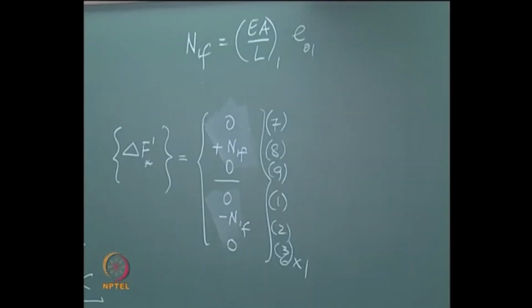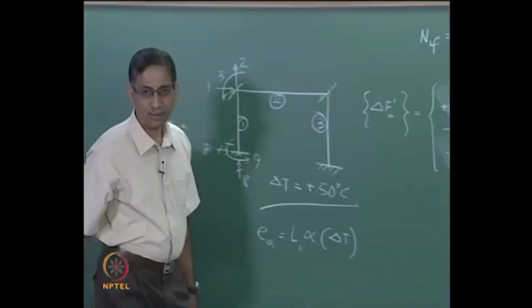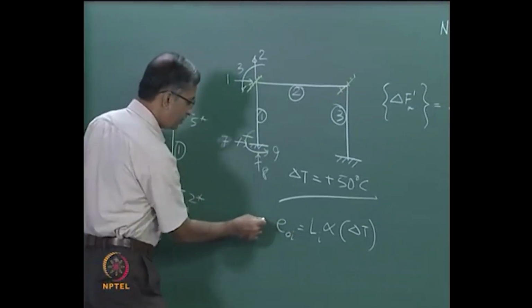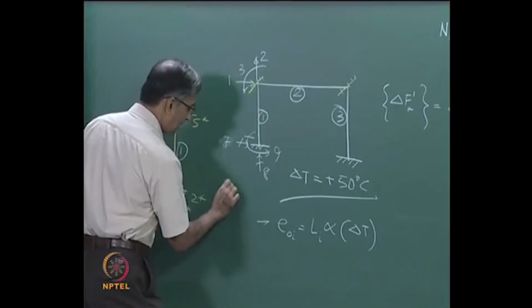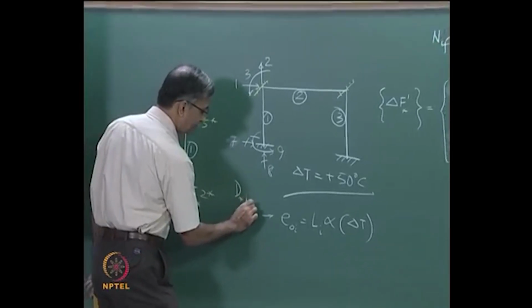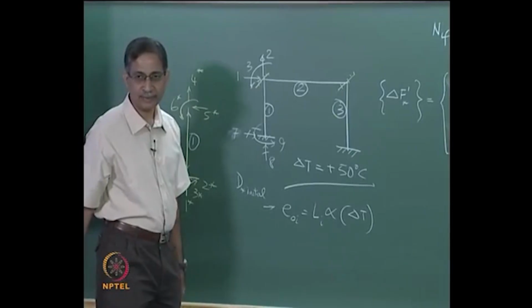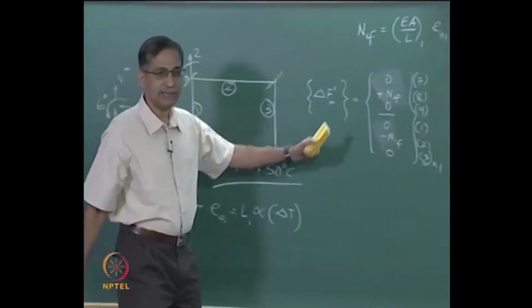Likewise, you can generate this vector for all the members, right? In fact, we use a term called delta star initial for this. Okay, you have done that, then what do you do?